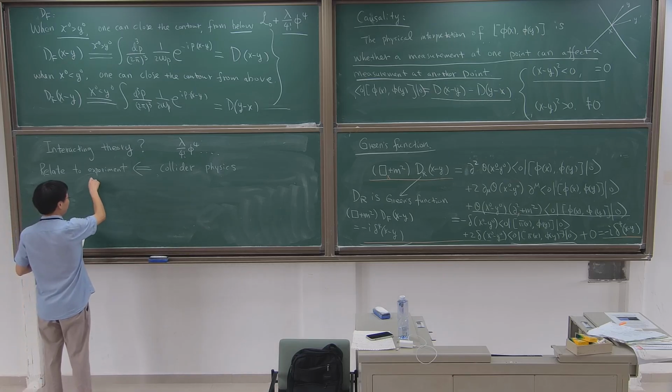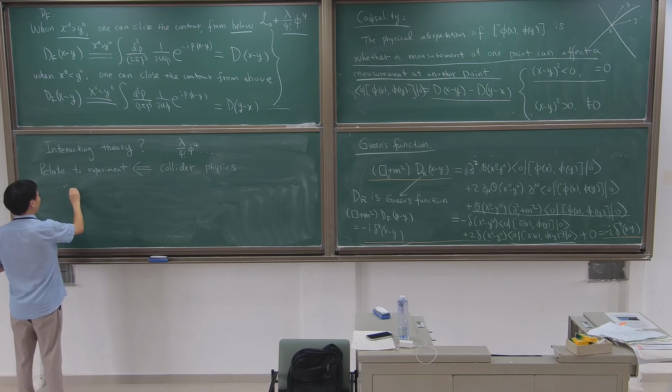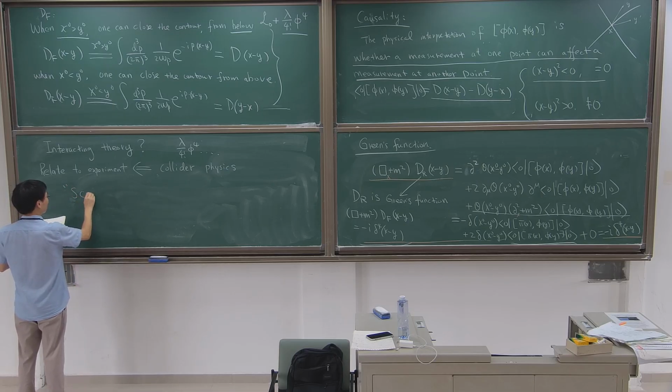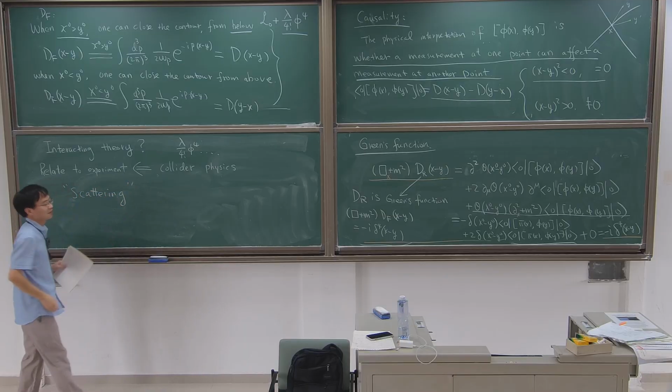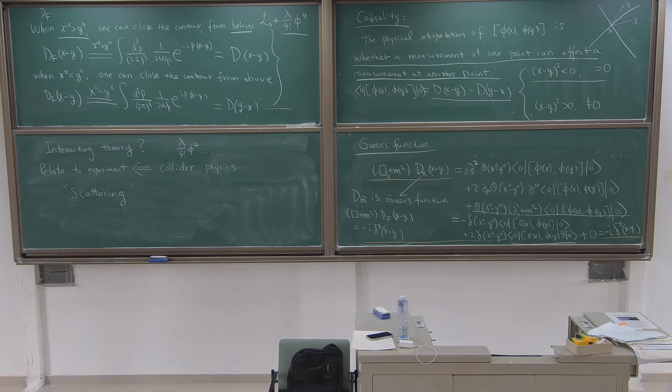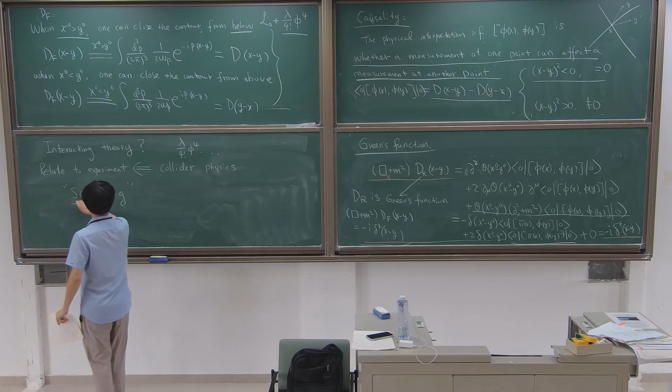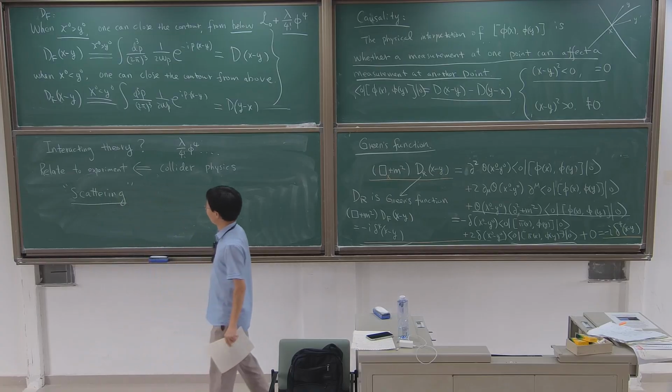This is related to the famous physical process. In other physics, we do nothing but scattering, right? All this, the LHC, it's all just about scattering. So how to define the problem? It's set up in a concrete way.